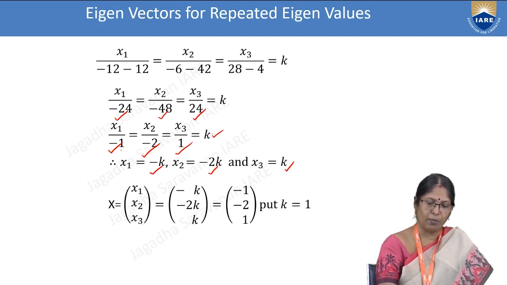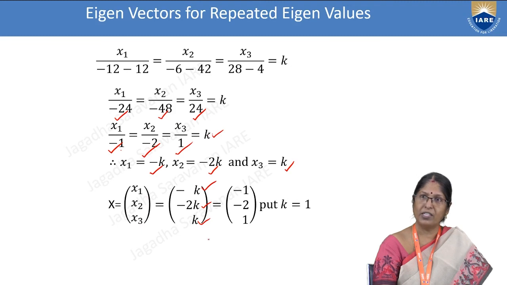So x1 is minus k, x2 is minus 2k, x3 is k. We are keeping it simple; we don't want to make our problem more complicated. k can take any value, but we are taking k equal to 1. So minus 1, minus 2, 1, where we substituted k as 1.